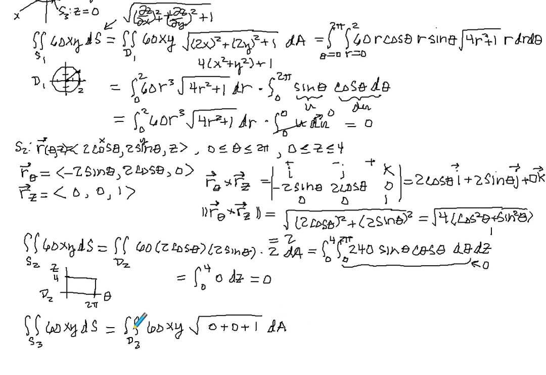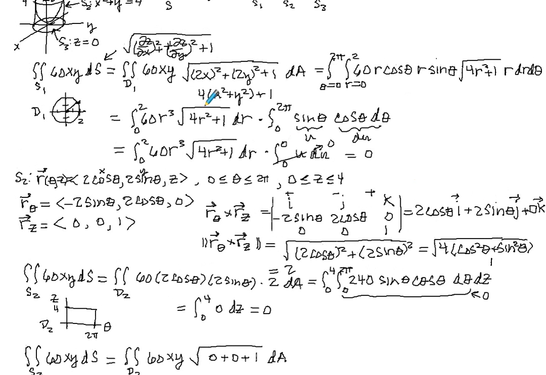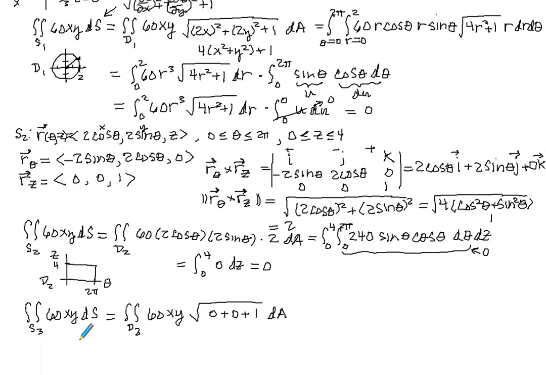And then this domain for this function, it's z equals 0, but the restrictions on x and y are that it's inside that cylinder. So this one does have that circle of radius 2 as the domain. So this is our D3. And we want to use polar coordinates on this. We want to switch to polar here and get a circle of radius 2.